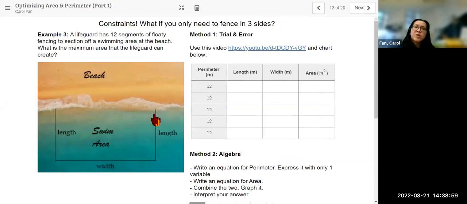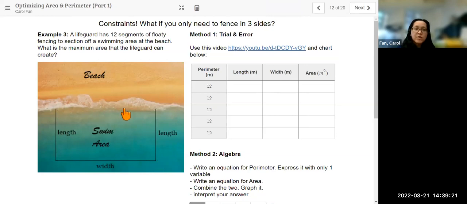Sometimes we don't have to fence in all 4 sides. Let's say we had a beach and we just need to fence off a rectangular area where we have 2 sides and the deep end.